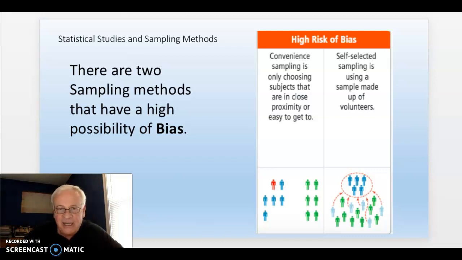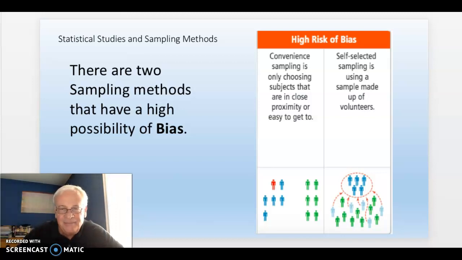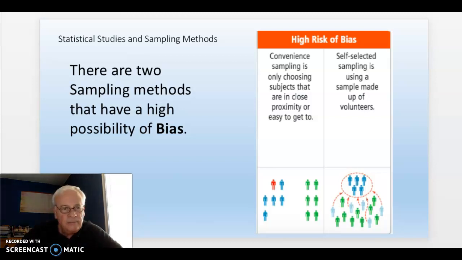That is a bias. The other one is self-selected sampling, when you have volunteers, like a suggestion box. When people are simply volunteering, that can have a bias. You want a random sample, not just people saying, I want to do it.